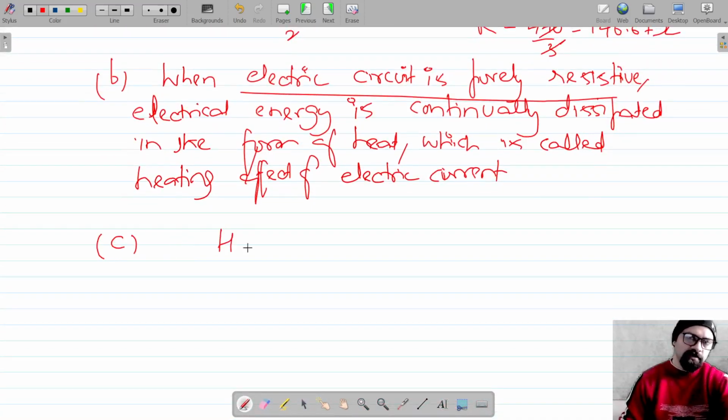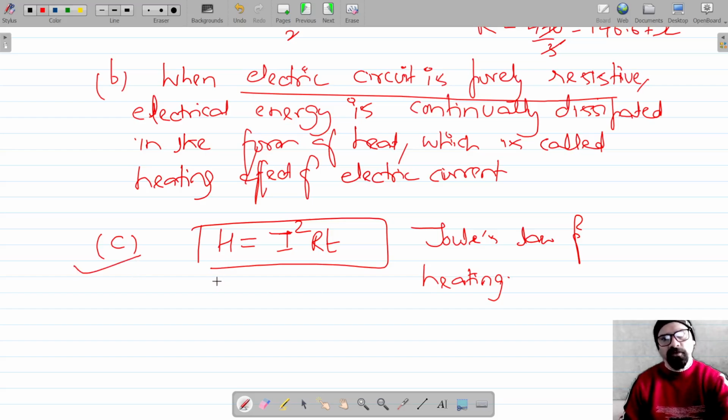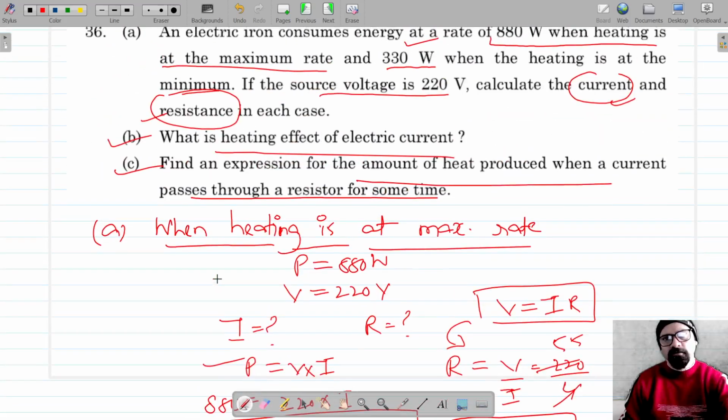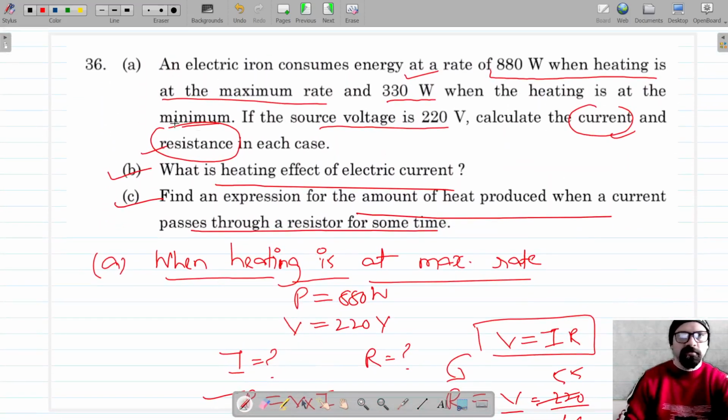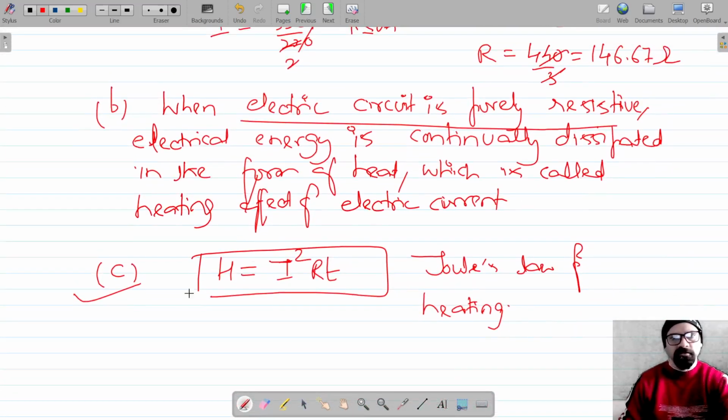The expression says that heat produced is directly proportional to the square of the current, directly proportional to the resistance and to the time t. This is called Joule's law of heating.